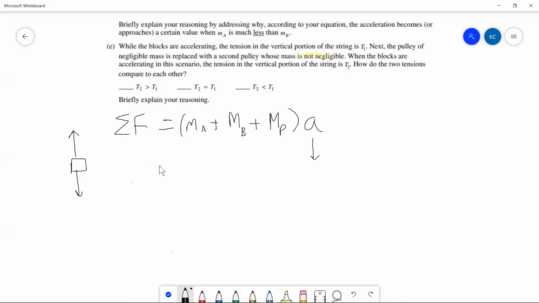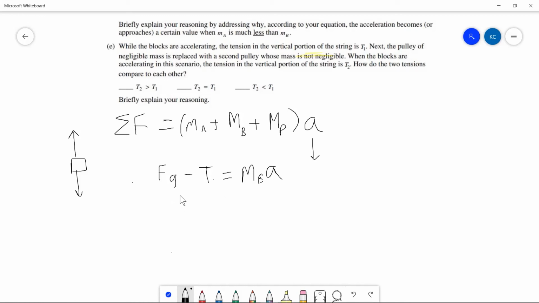For block B, the force of gravity minus the tension force is equal to mass of B times the acceleration. In the second instance, the acceleration is smaller. If the acceleration is smaller, the net force is smaller, and that means F of g minus T has to be smaller as well.